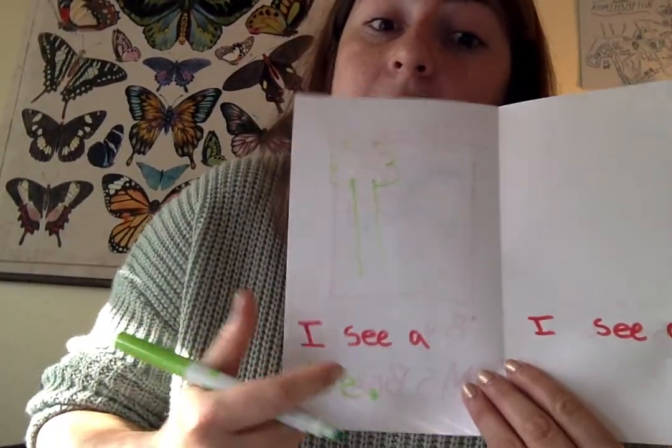E. Okay, Miss Bear. I see a tree. Now, parents, it might not look the way you want tree to look. That's okay. We're working on our phonetic spelling, right, kindergarten? That means you stretch your word out as best as you can.